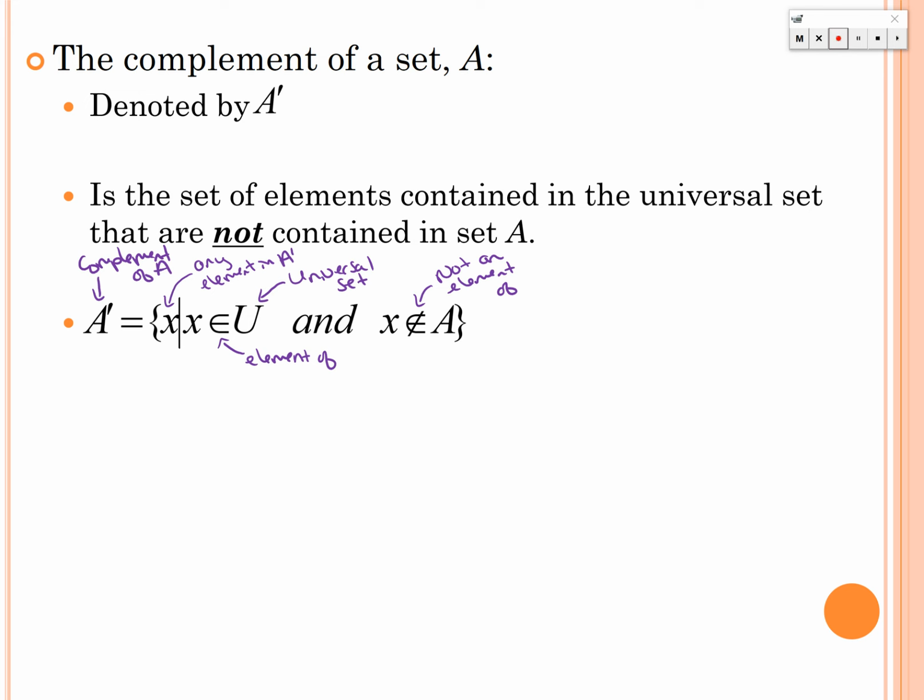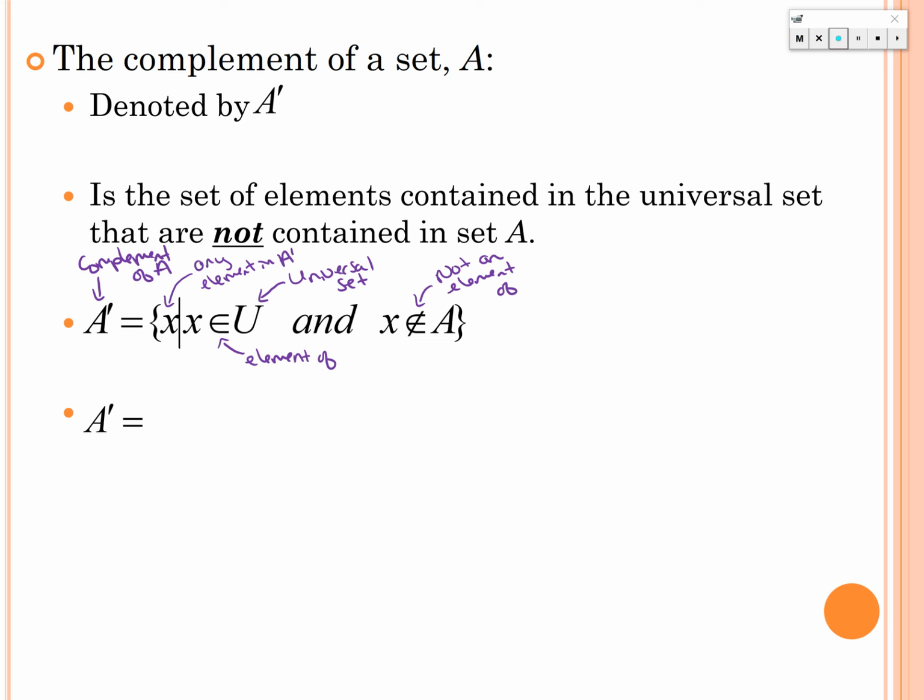Kind of like you guys are used to, if something is not equal, you take your equal sign and put a slash through it. So if something isn't an element of, we take our E and we put a slash through it. So if we put this all together, we have our elements in the complement such that the elements in our complement are elements of the universal set, and they are not elements of A. So they are elements of our universal set, but they are not elements of A.